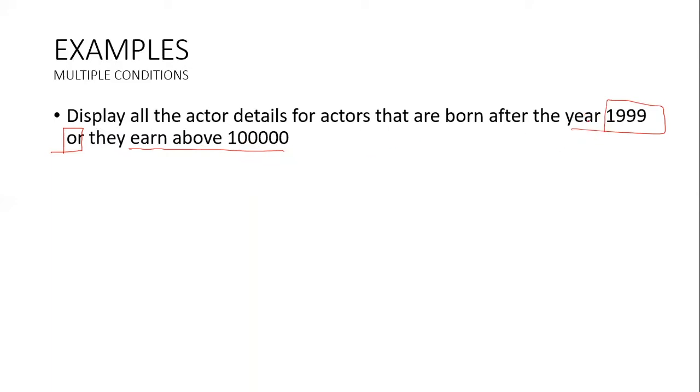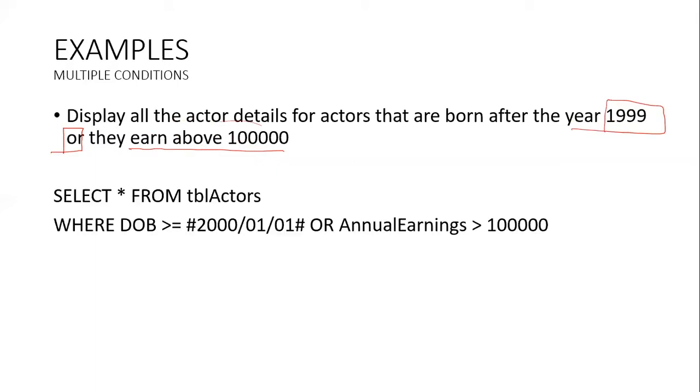The first condition is either you're born after this date or you earn more than that amount. So that's now connecting the two conditions with an OR. And you will see the date of birth as we did in the previous example. The date of birth is greater than 2000/01/01. We enclose it between hashes.